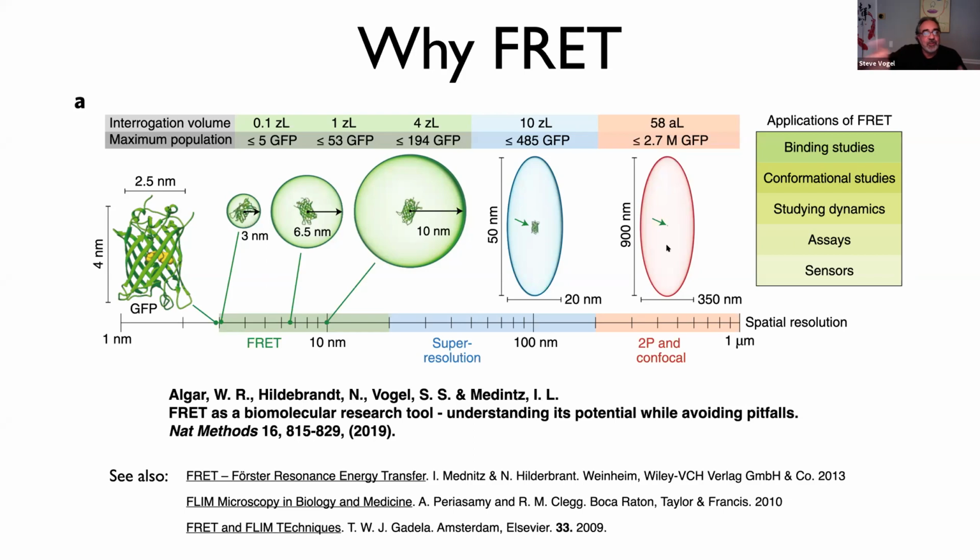But in the worst case scenario, given the fact that 2.7 million GFPs could fit into here, what it's telling me is that at least one of the 2.7 million that could be in there was red, and at least one of the 2.7 million that could be in there was green. It doesn't mean that they're interacting with each other. It just means that both of them are in the same spot.